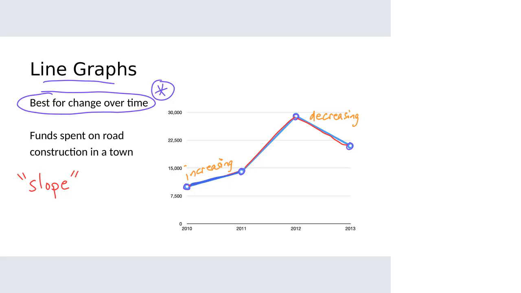It was increasing in those years. And over here, the amount of road construction money went down. It was decreasing over here. And that's what the slope's going to tell us, increasing or decreasing. And when I say going up and going down, I mean reading from left to right.